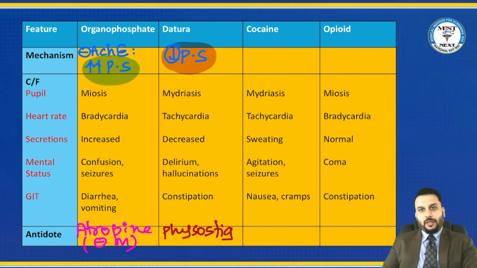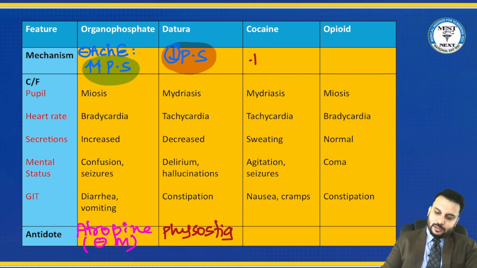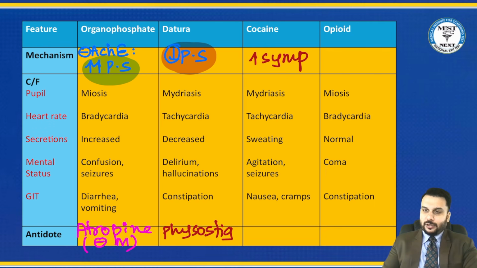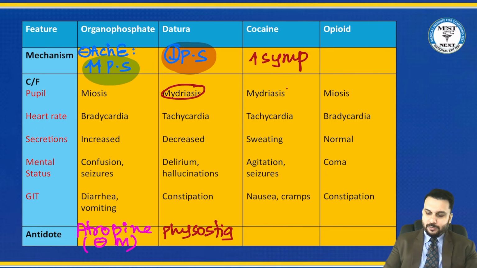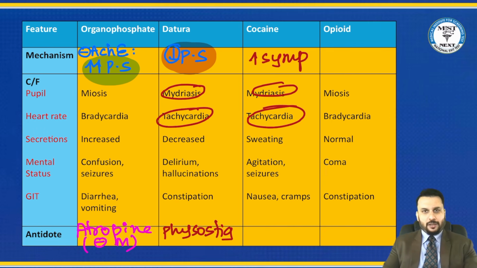Okay. Next, cocaine increases the sympathetic activity. Now, when sympathetic activity increases, it looks almost like reduced parasympathetic. Reduced parasympathetic looks like too much sympathetic, not in every feature, but in some features at least. Mydriasis, tachycardia, like that.